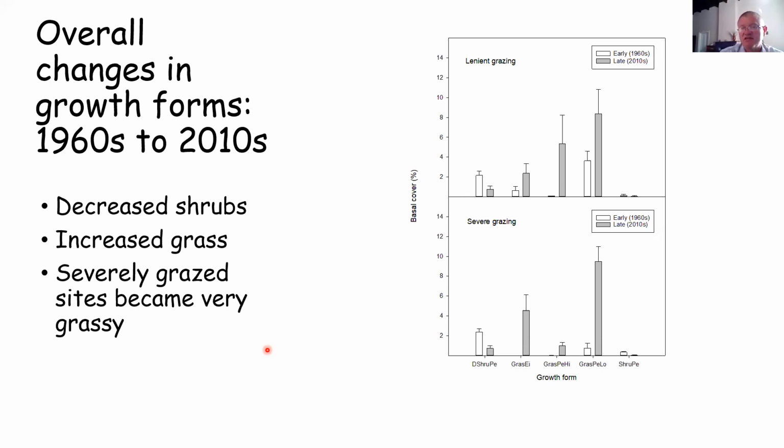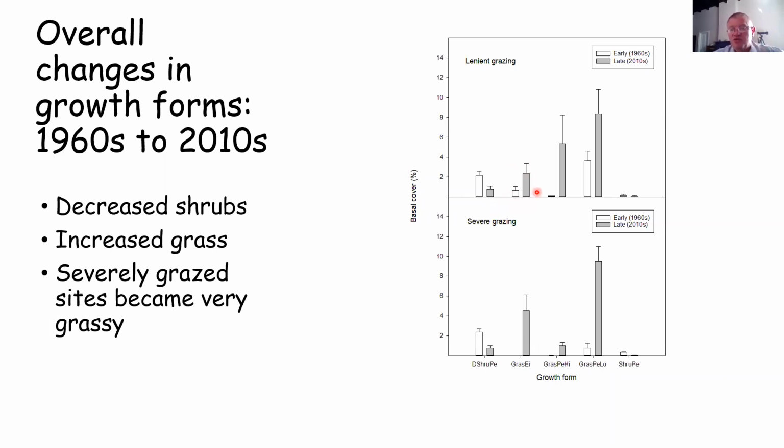So if we look at the graph on the right-hand side, lenient grazing, so that's just under normal grazing conditions, shall we say. The first set of bars shows dwarf shrubs, perennial dwarf shrubs. We can see that their abundance, this is basal cover, by the way, has more than halved.